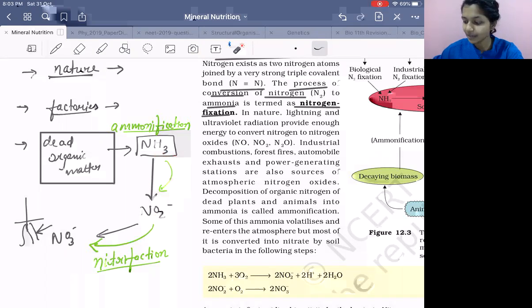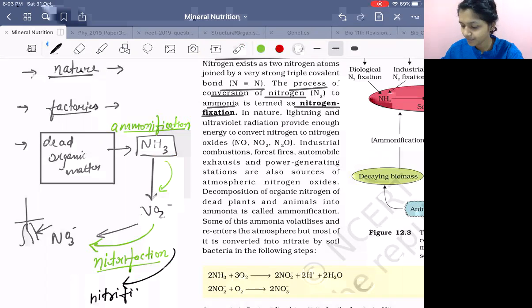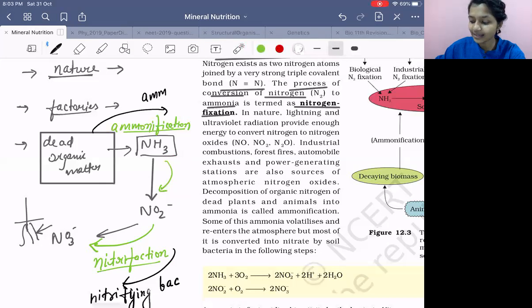So the first is done by ammonifying bacteria, and the second by nitrifying bacteria. Is it clear?